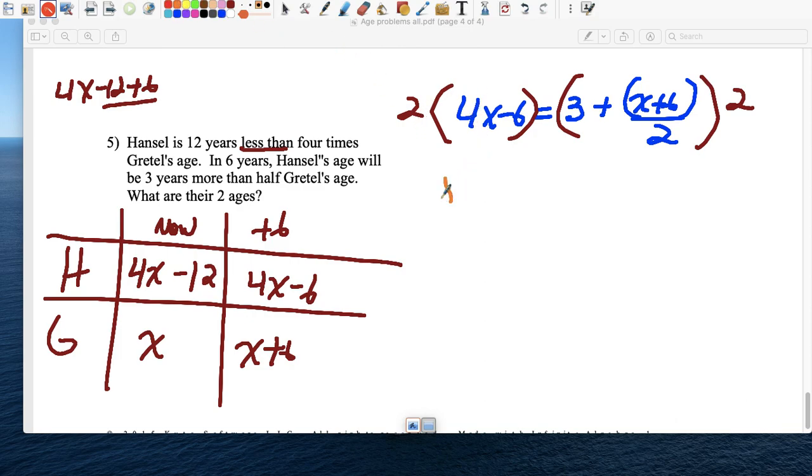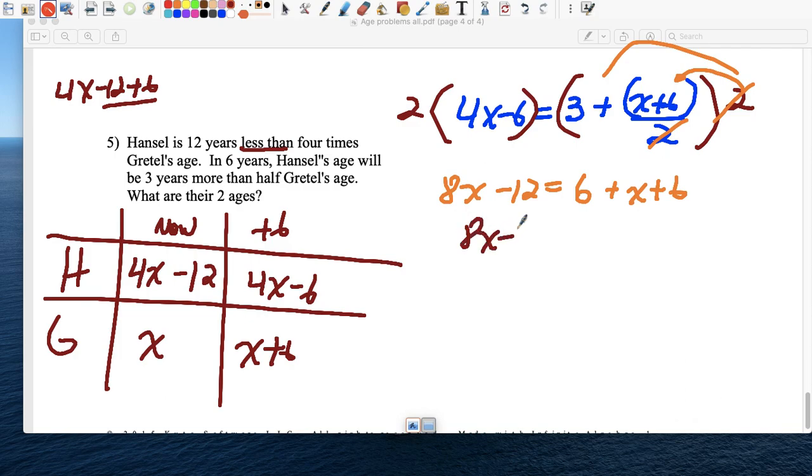2 times 4 is 8x. 2 times 6 is negative 12, right? 2 times this 3 is 6. And then when I multiply 2 times this term here, this term and this simplify to 1, and I'm left with x plus 6. Now it's much easier. 8x minus 12 equals 12 plus x, right?